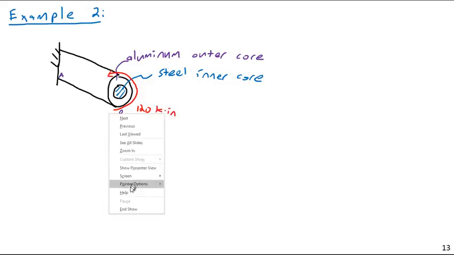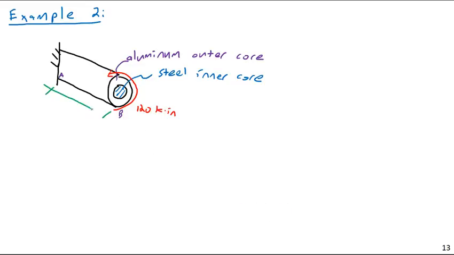And then I need the length of this thing, which I'm just going to tell you is 20 inches. I will also give you that the outer radius is 2 inches, and the inner radius is 1 inch.